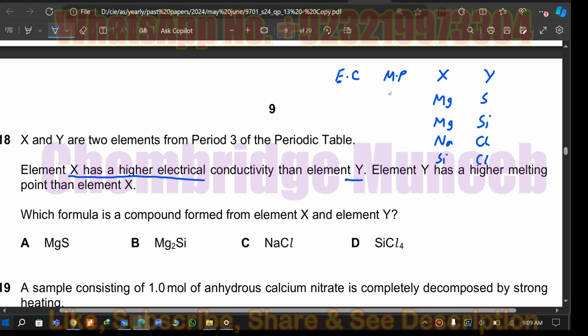In terms of electrical conductivity, magnesium does have a higher electrical conductivity because it is a metal. Yes, in terms of this it has. But the other property says that Y must have a higher melting point than X, and sulfur is a non-metal, so for this purpose I have to look at the chart.